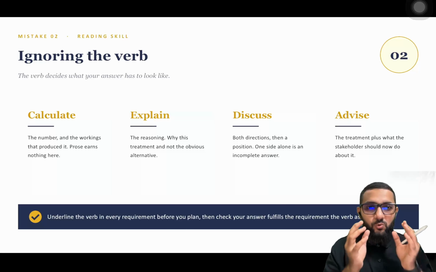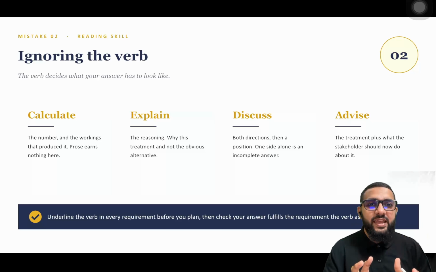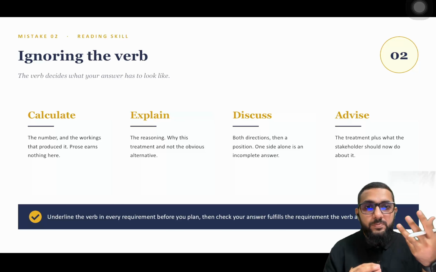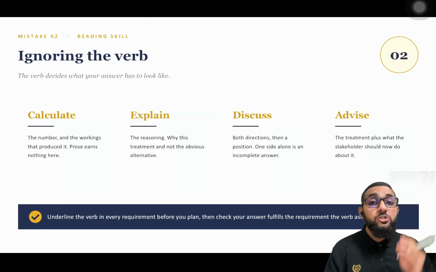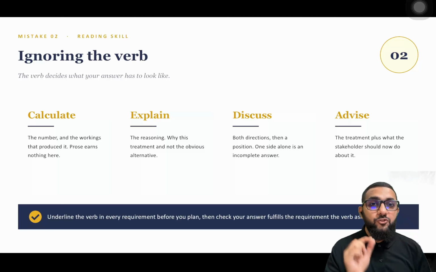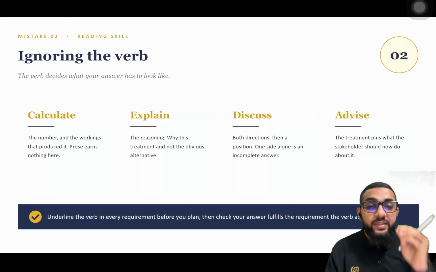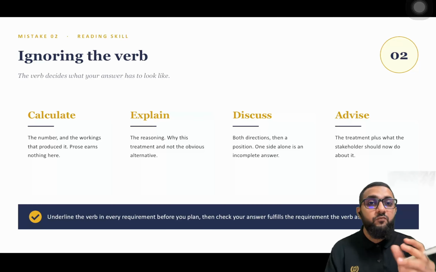So watch that video and understand what different verbs are and what they require you to do. When you ignore the verb, you do not respond to the question. You do not answer what you are asked. Therefore, you need to read the verb, understand what the verb wants, and respond accordingly.